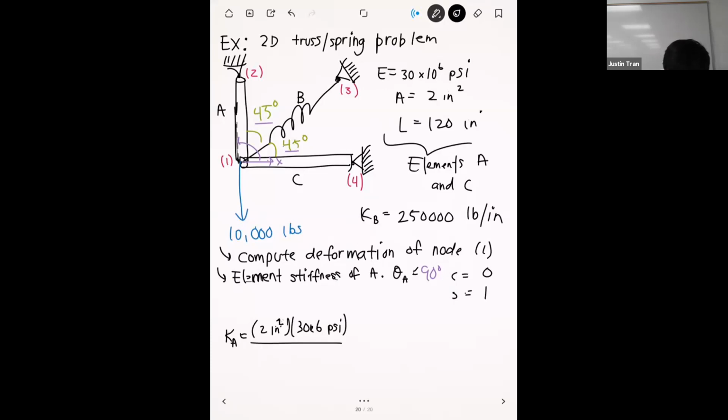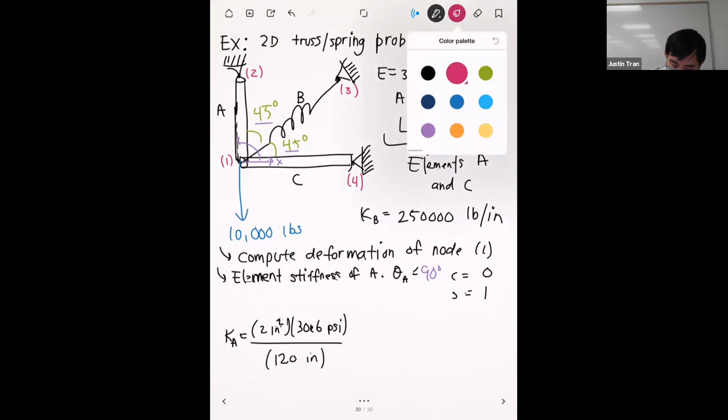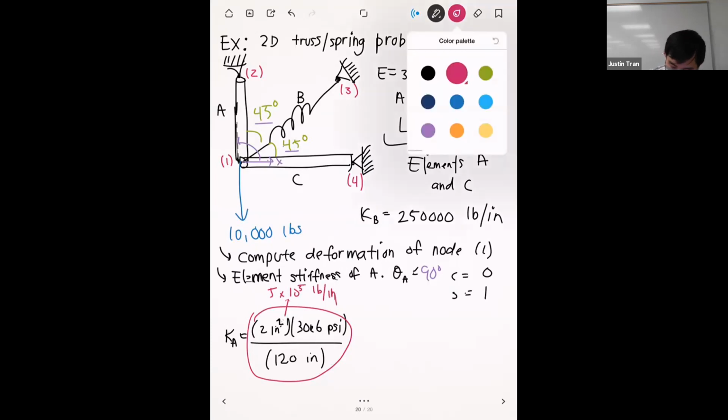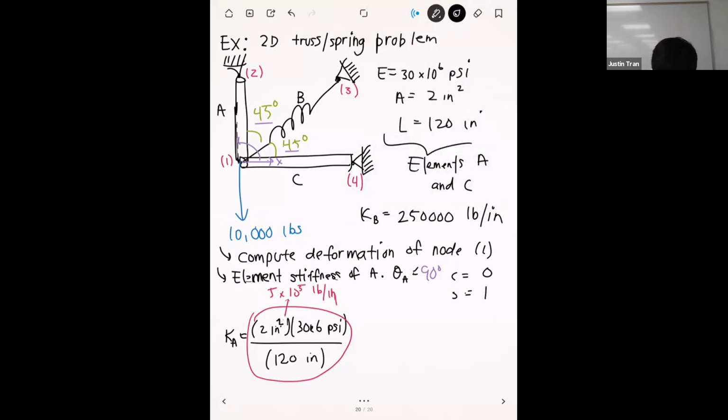And our L here is 120 inches. If you perform this arithmetic, you get 5 times 10 to the 5th pounds per inch. That's the factor out in front.